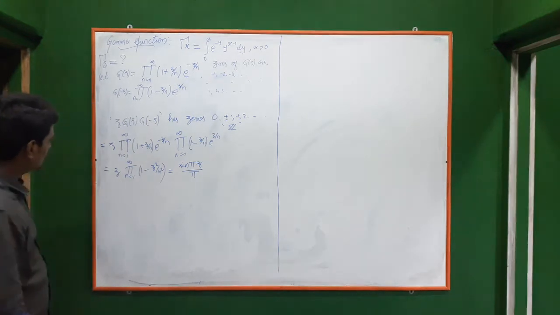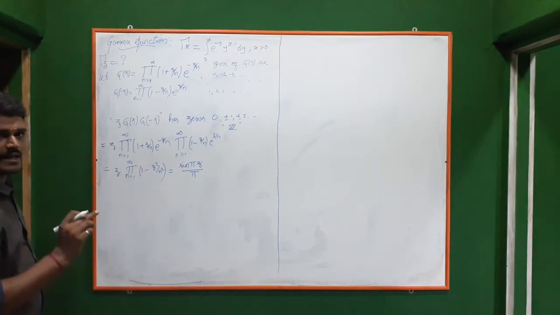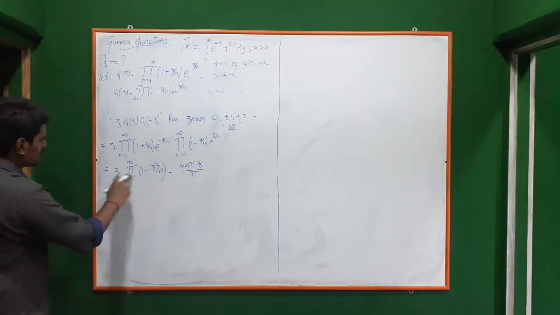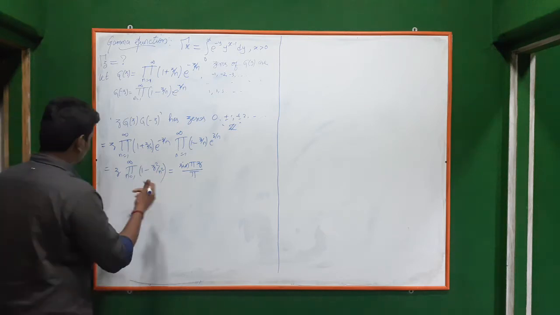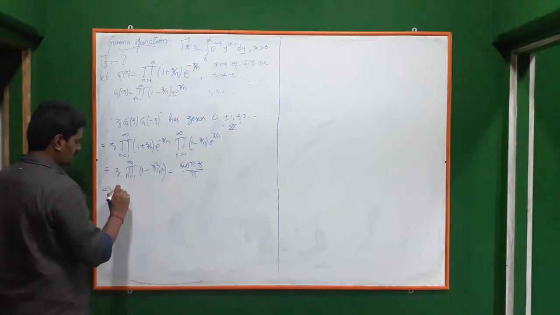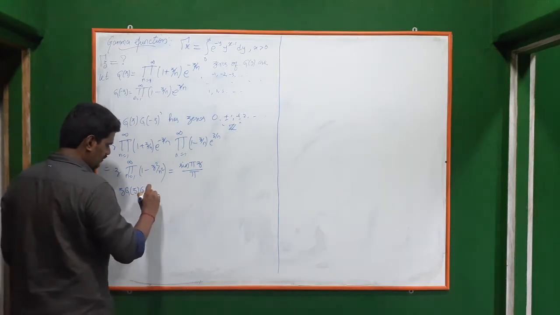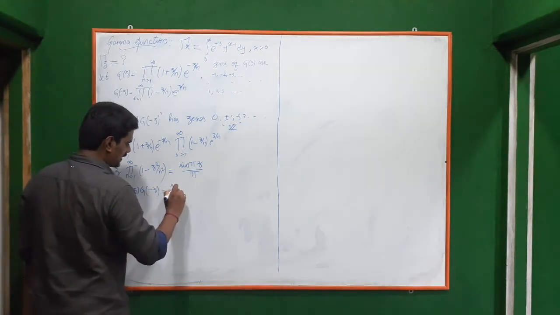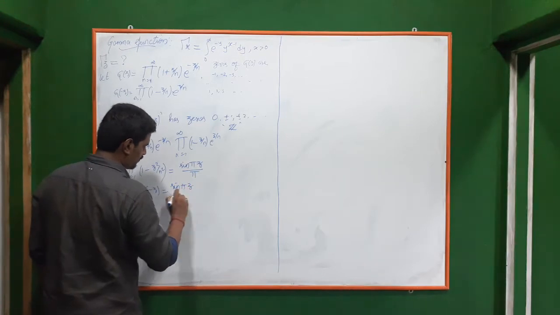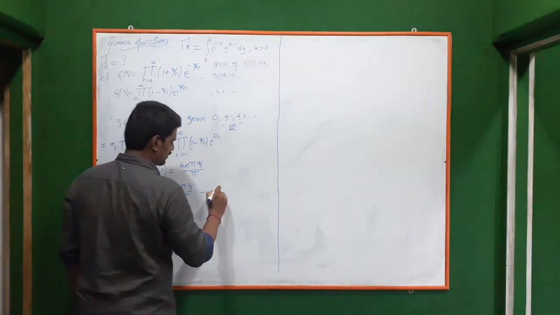We found that sine pi z is pi z into this product. So we have got that z into g of z into g of minus z is nothing but sine pi z by pi. Call this 1.